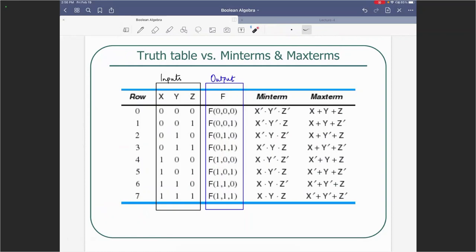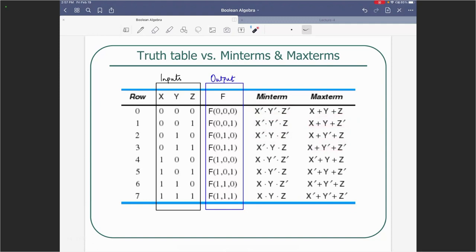Now, for our convenience, we have numbered each row. And the reason why we have numbered each row is because we want a compact way, simply a number, to identify our min terms or our max terms. We just want a number.